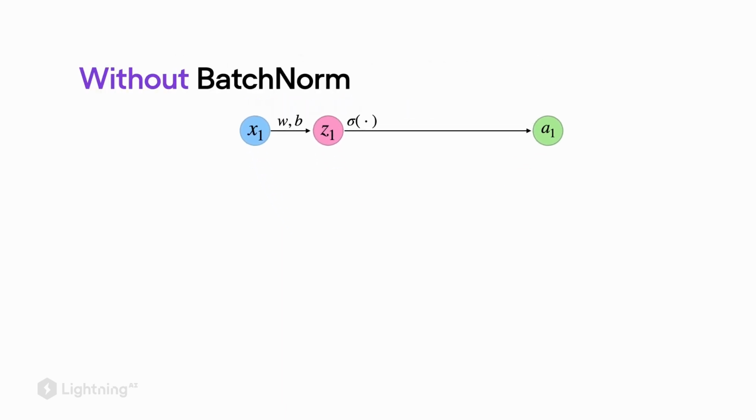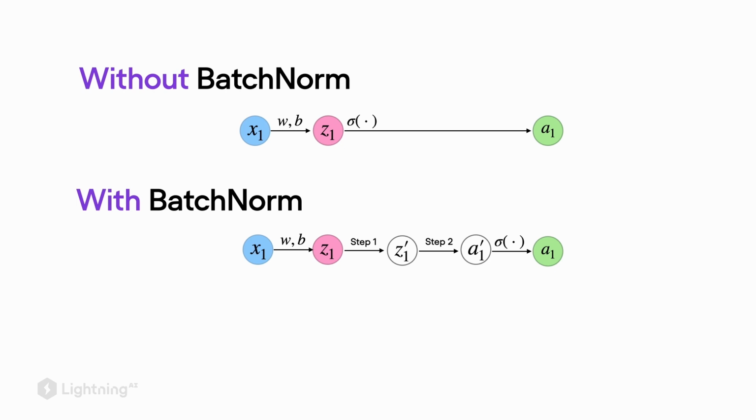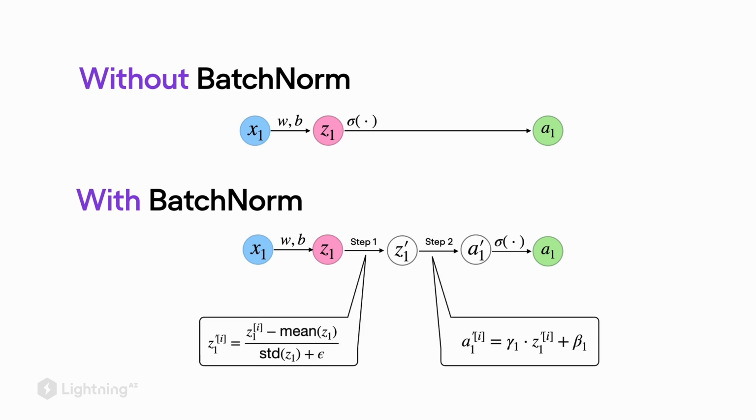Here we have the network at the top without batch normalization and with batch normalization at the bottom, side by side, to illustrate that batch normalization is a procedure that happens between computing the net inputs and computing the activation values. In between we apply step 1, the standardization of the net inputs, and step 2, the preactivation scaling. And this is in a nutshell how batch normalization works, and in the next video we will talk about how we can use batch normalization in PyTorch.